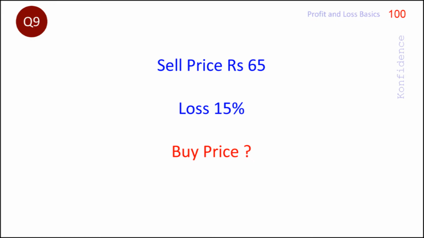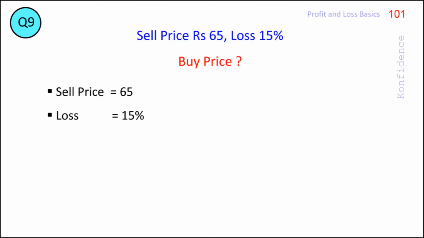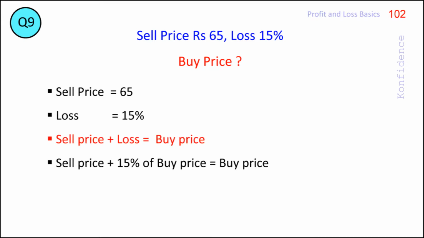Here, we need to note that the loss is given in percentage terms. Percentage of expenditure is the way in which values are given. Therefore, sell price plus 15% of buy price equals buy price, because we know sell price plus loss is equal to buy price. And here, loss is given as 15%.